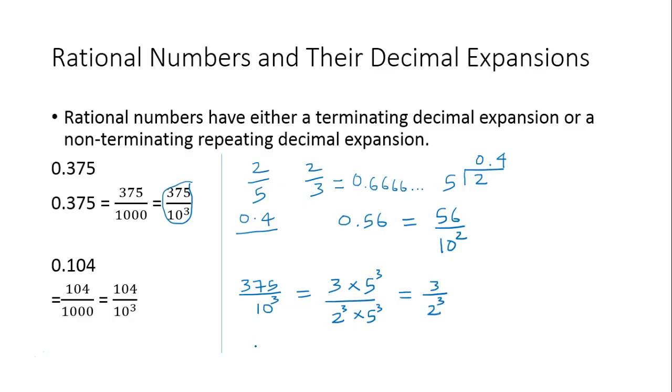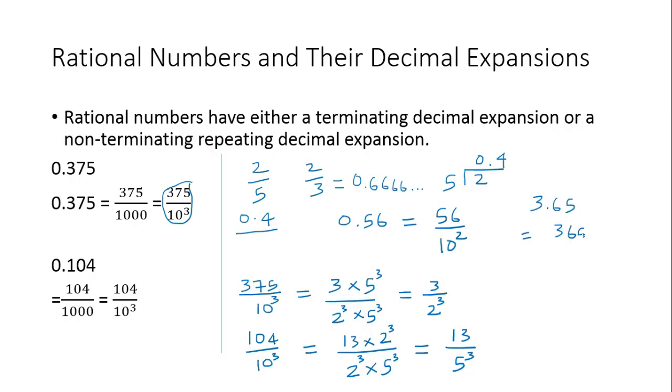If you simplify the second fraction 104 divided by 10 cubed, you can see that 104 can be prime factorized as 13 into 2 cubed, divided by 2 cubed into 5 cubed, which simplifies to 13 by 5 cubed. Let's look at a third example, 3.65. 3.65 can be written as 365 divided by 100, and this can be simplified to 5 times 73 divided by 2 squared into 5 squared, which is equal to 73 divided by 2 squared into 5.